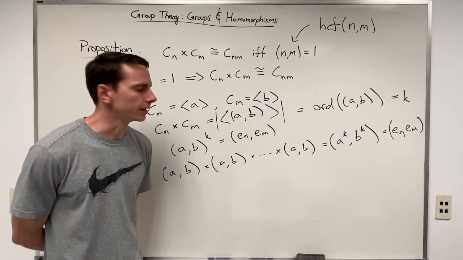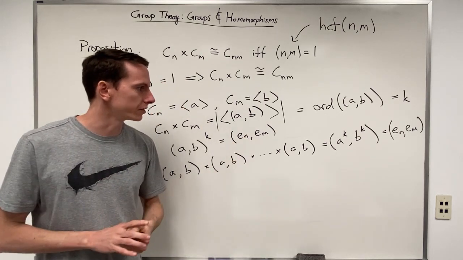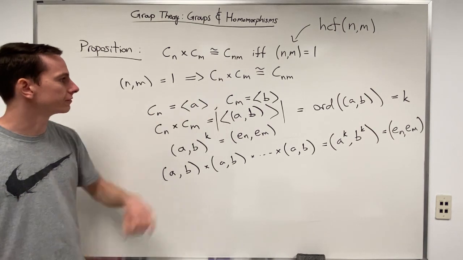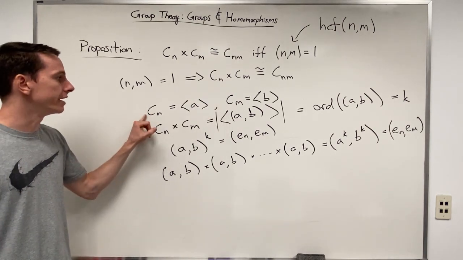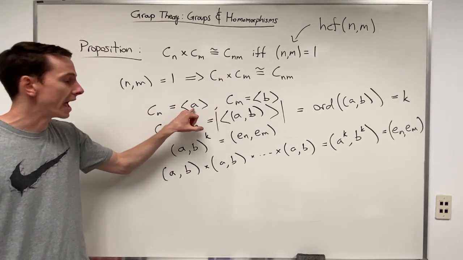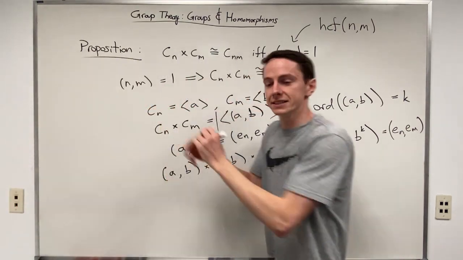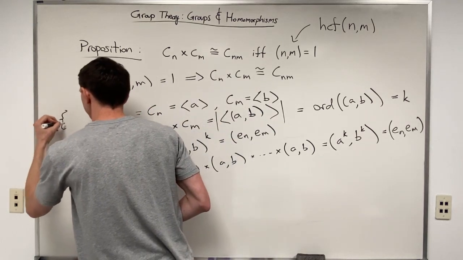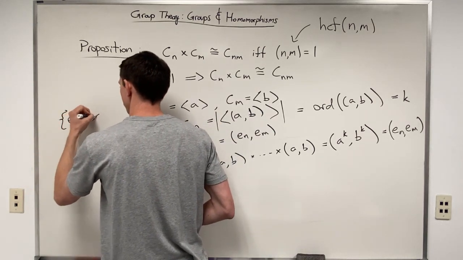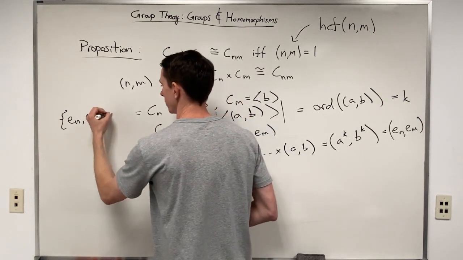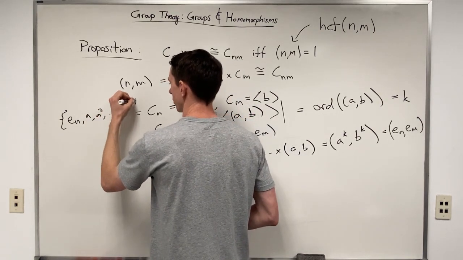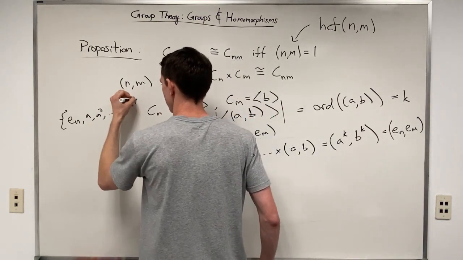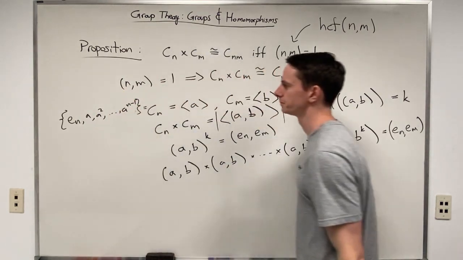All right. And to remind ourselves about what these statements are, let's remind ourselves about how these groups are defined right here. C sub n, if it's generated by a, then another way of writing C sub n is the identity element, a, a squared, all the way through a to the n minus 1.